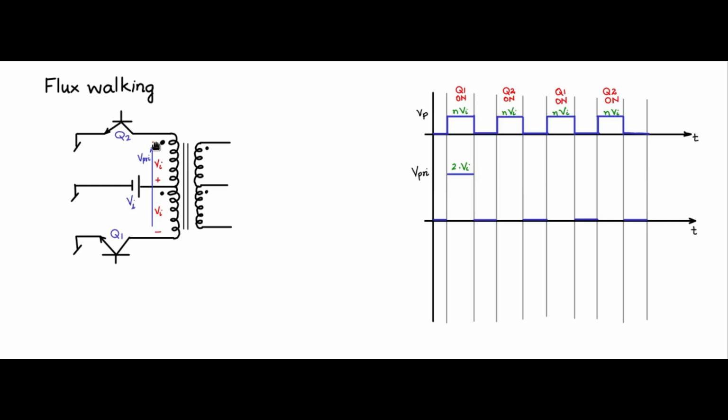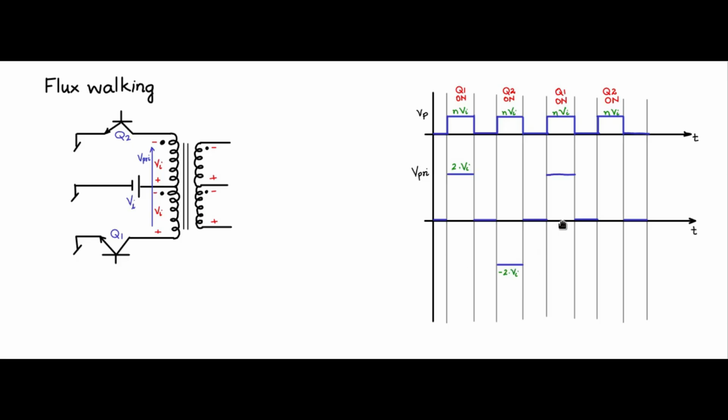The non-dot end is positive with respect to the dot end, the same with all the other coils too. On the primary side you are seeing VI with the non-dot end positive, so it is a negative voltage that you will see across the primary, and that will be minus 2 times VI.